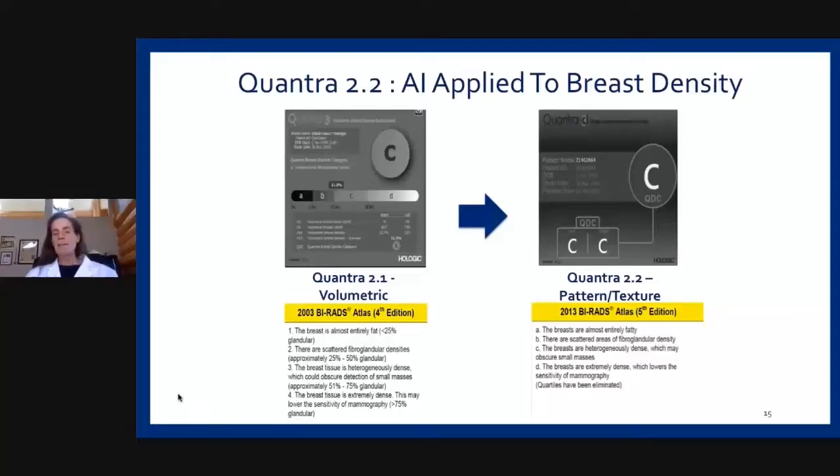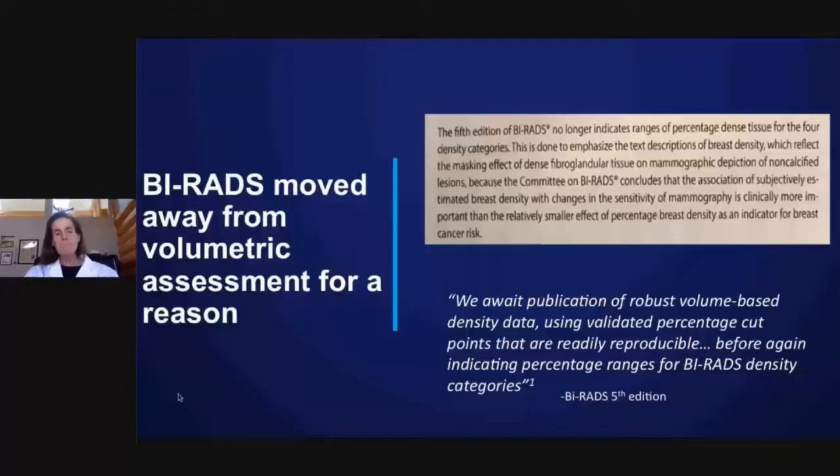BI-RADS edition 5 came out and they really wanted to focus more on pattern and texture rather than overall volume. And so Quantra really aligns with how BI-RADS has moved away from the volumetric assessment into pattern and texture, because they felt that was more important when you're trying to figure out whether or not we're able to identify lesions on a mammogram.